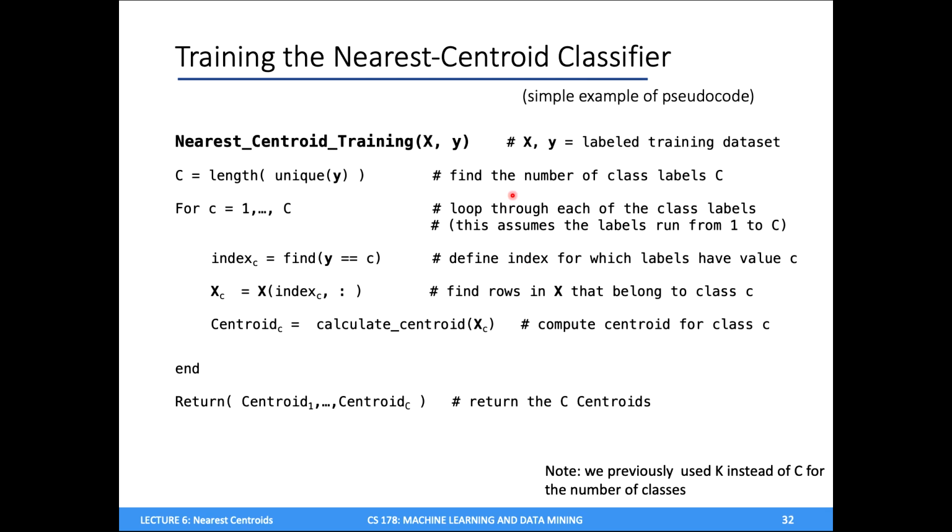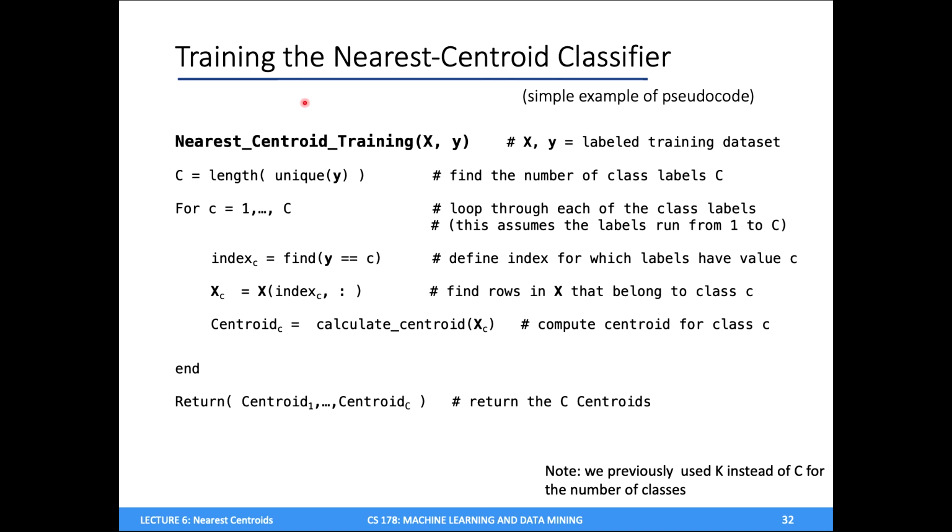Okay, I've got some pseudocode here showing you the steps you actually need to take in order to train a nearest centroid classifier. I'm mostly showing you this because in homework 2 you'll be implementing this nearest centroid classifier, so it's good to see a little bit of an in-depth explanation of how this works.